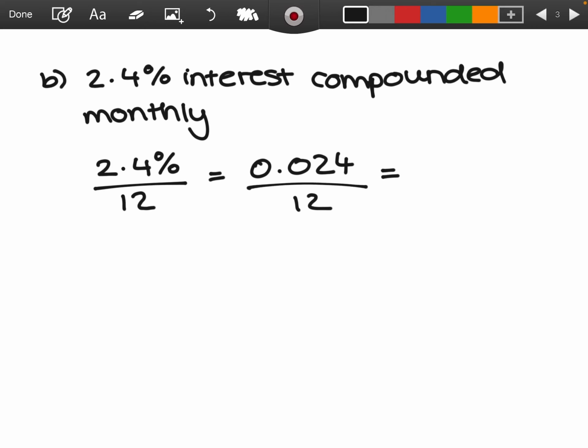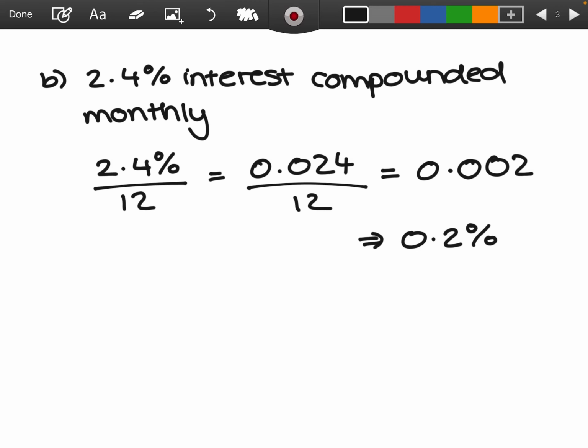And again, I tend to put it in decimals and then revert back just because it's easier to see what's happening, which would give me 0.2%. So every month I will be gaining 0.2% on my money. Okay, seems like a very small amount.